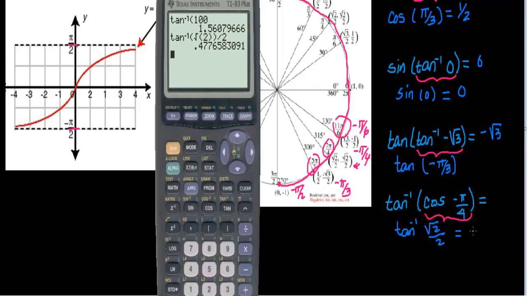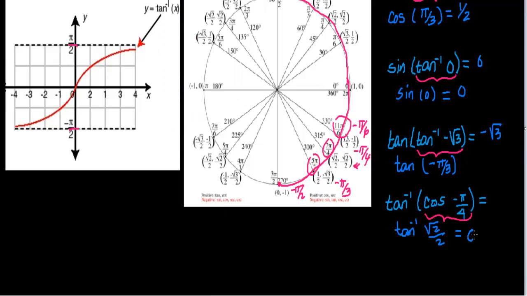And that's your answer, 0.4777. Okay, so be careful here. You don't know an angle from the special angles that you know where you'll get a tangent of square root of 2 over 2. Okay? And there it is.